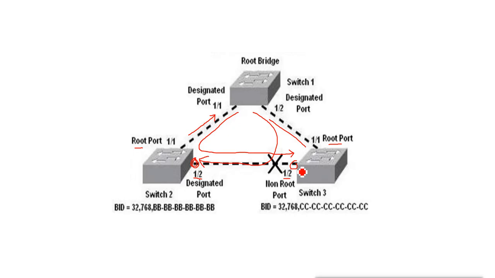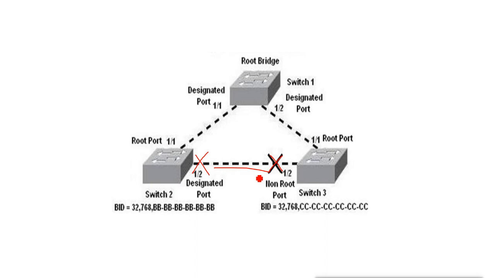For example, if it is blocked on this side, it will go to blocking state. And if this side is also blocked, that means switch 2 is blocking the port and switch 3 is also blocking the port, and the ports go into blocking state, then what happens?